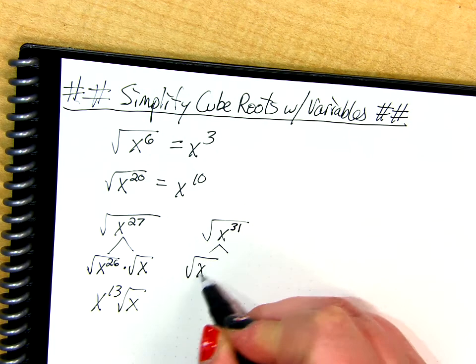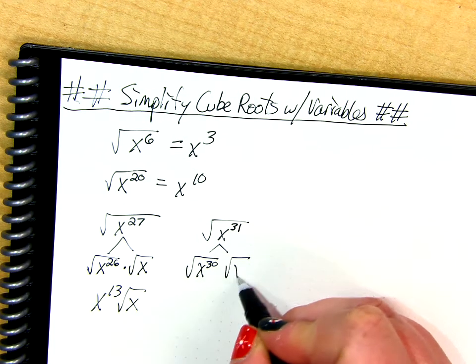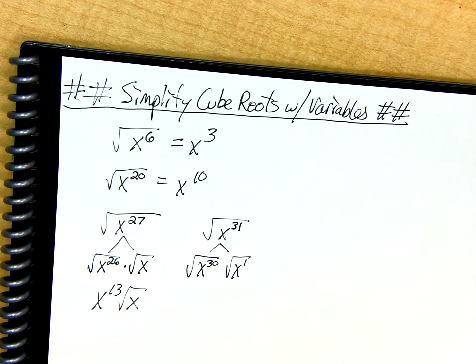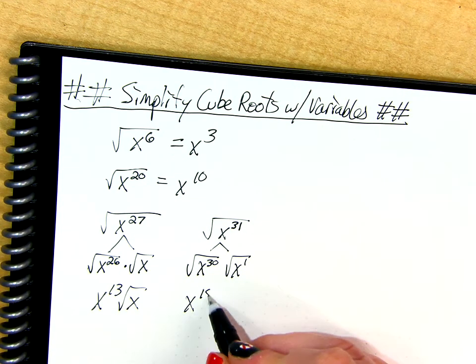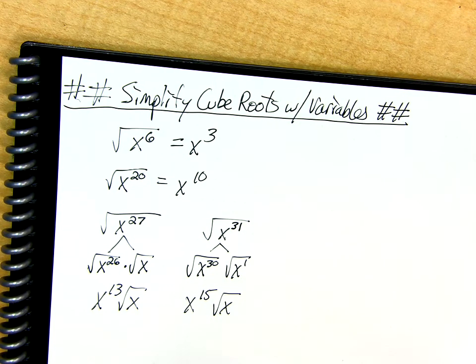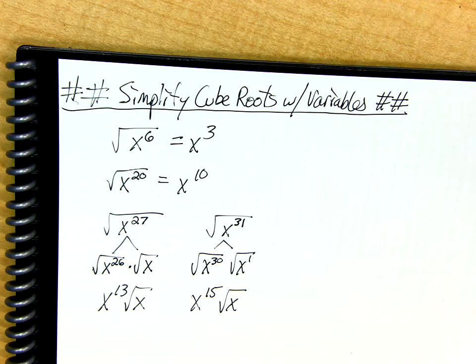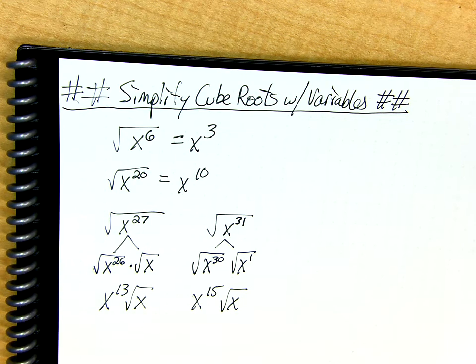So I'm going to split it up into x to the 30th and x to the 1st. And then that becomes x to the 15th, and then I just leave the square root of x. Okay, so everybody's okay with it in square roots? Is everybody with me? Yes, ma'am. Because now things are going to get funky.